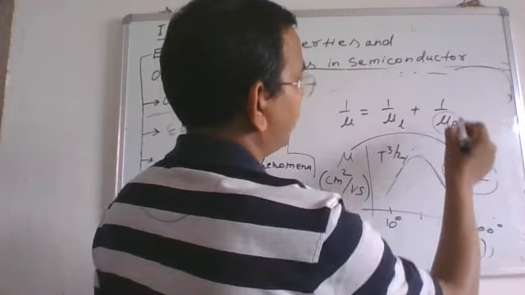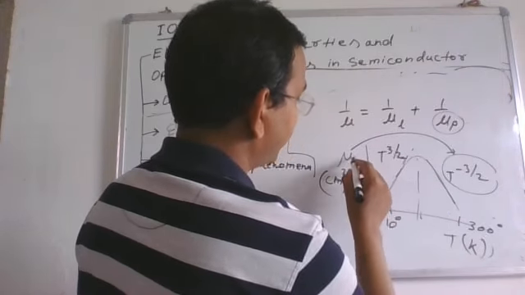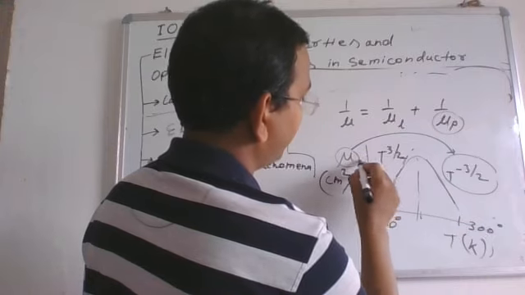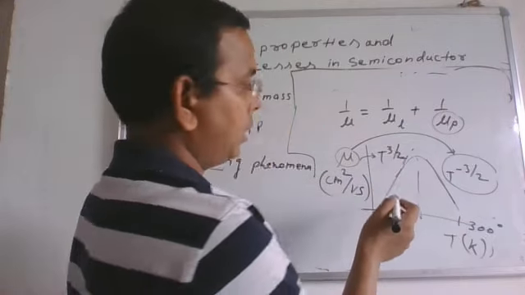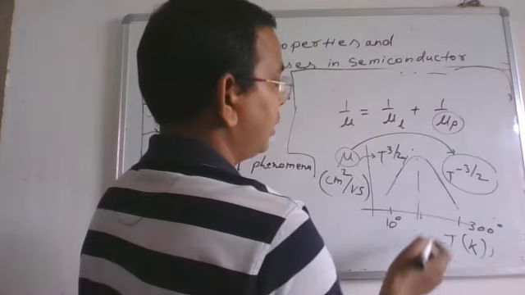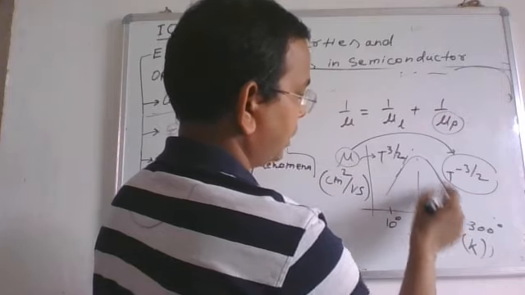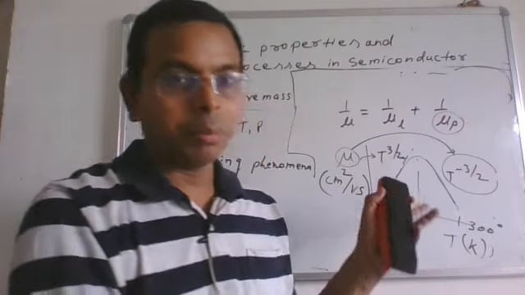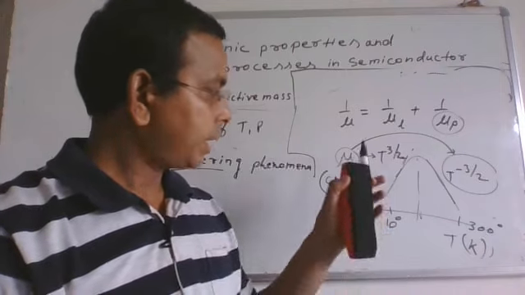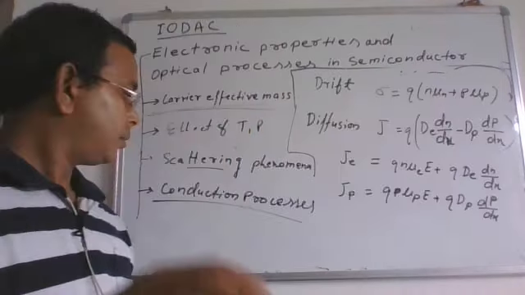So mu P dominates up to this value, and mobility depends on the temperature with this expression. At very high temperature, carrier concentration increases very highly, and this is the plot of mobility with respect to temperature. So this is the dependency of mobility on scattering.